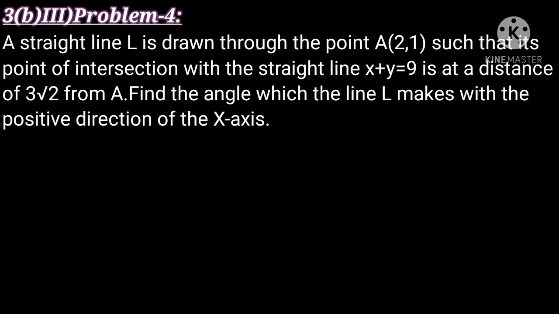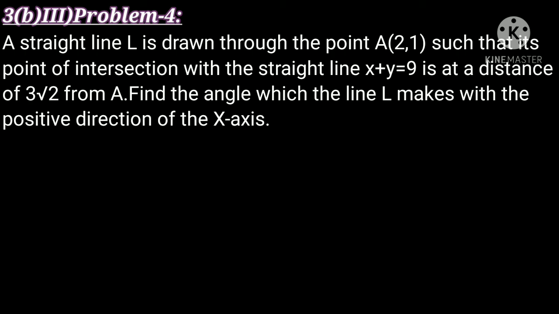In this problem, we are given a point A and the distance r value. The point of intersection of L and the line x plus y equal to 9 is at a distance from A. By using the point A and the distance r value, we can find the point of intersection by using the parametric equations.